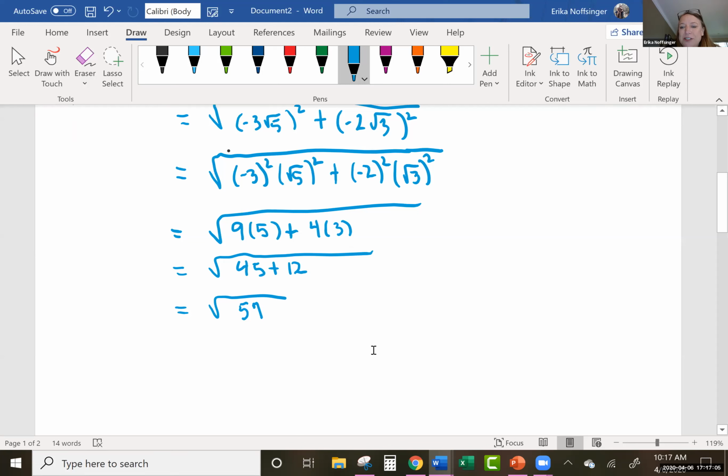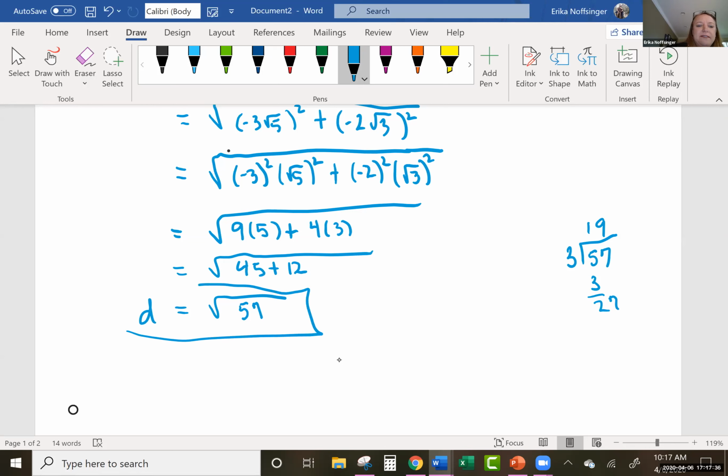So 12 is divisible by 3, so that tells me this is just a trick with 3s. So 3 goes into 57 nineteen times. But 3 times 19, neither of those are factors that are perfect squares. So our distance is going to be root 57.